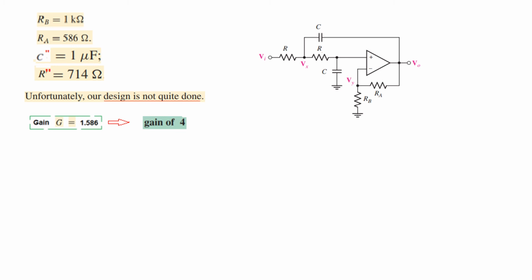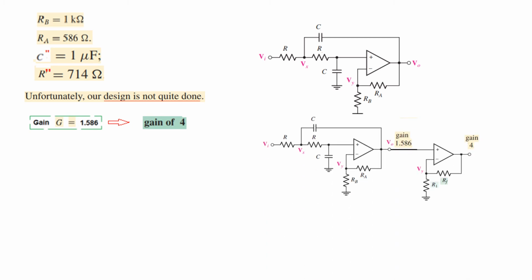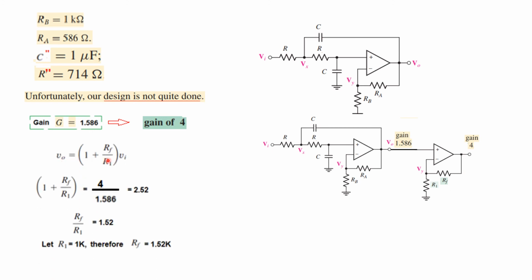The simplest way is that we add another non-inverting amplifier to achieve this gain. So we'll add another non-inverting amplifier and bring this gain, which is 1.586 now, up to a gain of 4 by using this circuit. So this is the input-output relation for the non-inverting amplifier. From here, this is the gain.